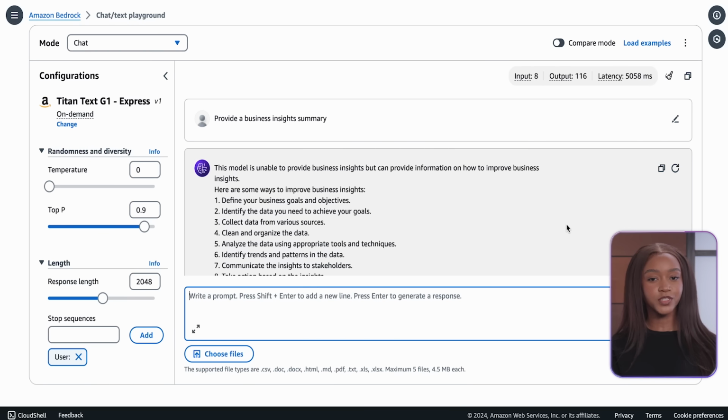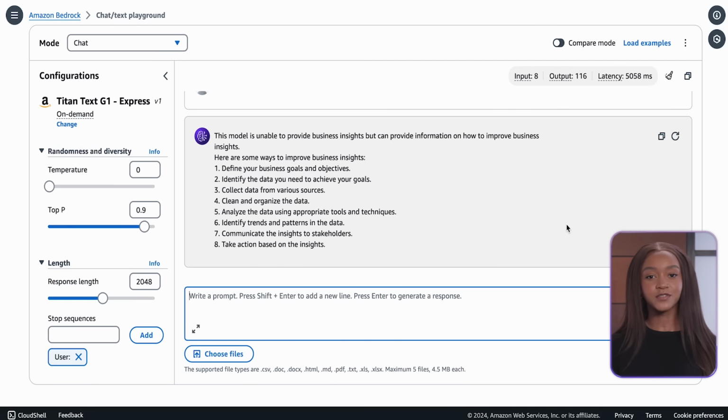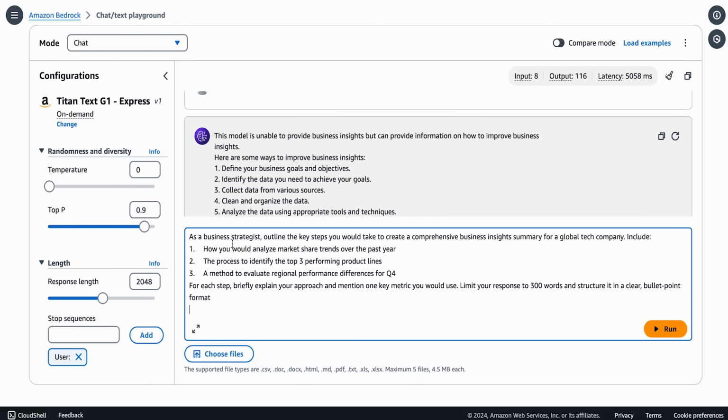Although this is a reasonable response, we can optimize this further with a more effective prompt. As a business strategist, outline the key steps you would take to create a comprehensive business insight summary for a global tech company.